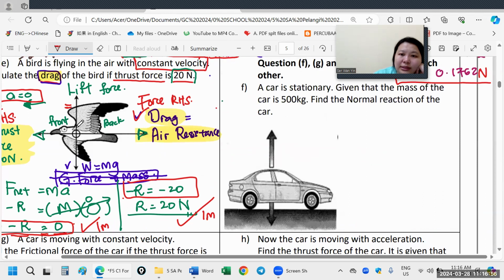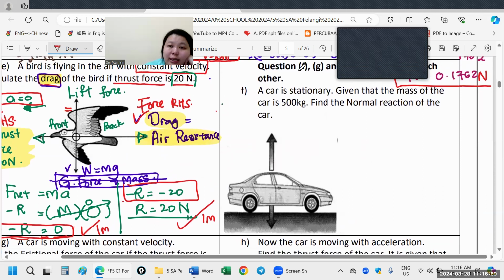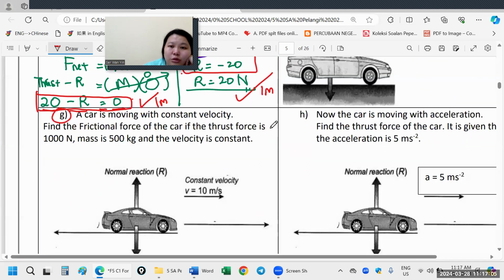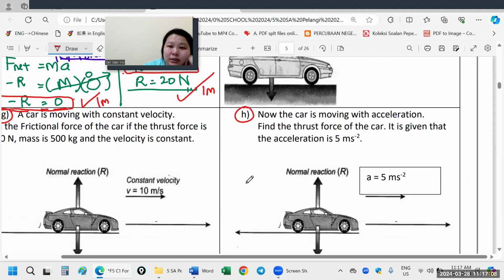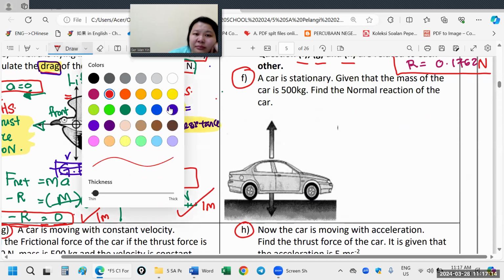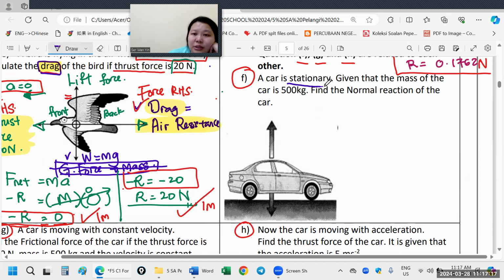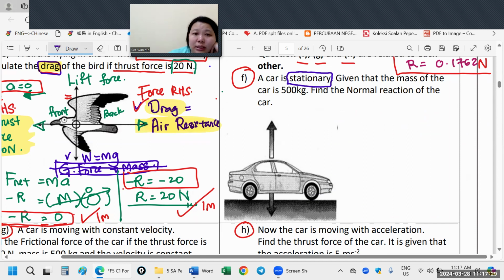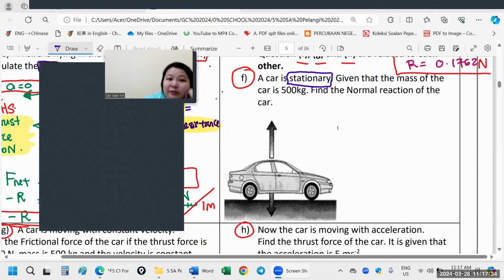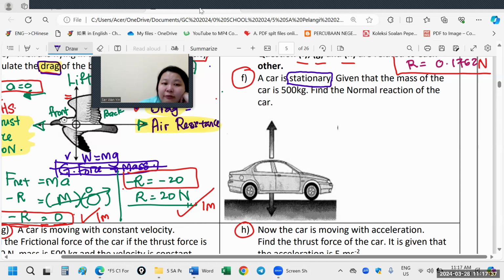Okay, so now next. Questions F, G, H are related to each other. So now, given that a car is stationary, what's the meaning? Is a car a pencil? Is a car a ruler? Thank you, Bethany. Now you all can give me the answer directly to everyone.